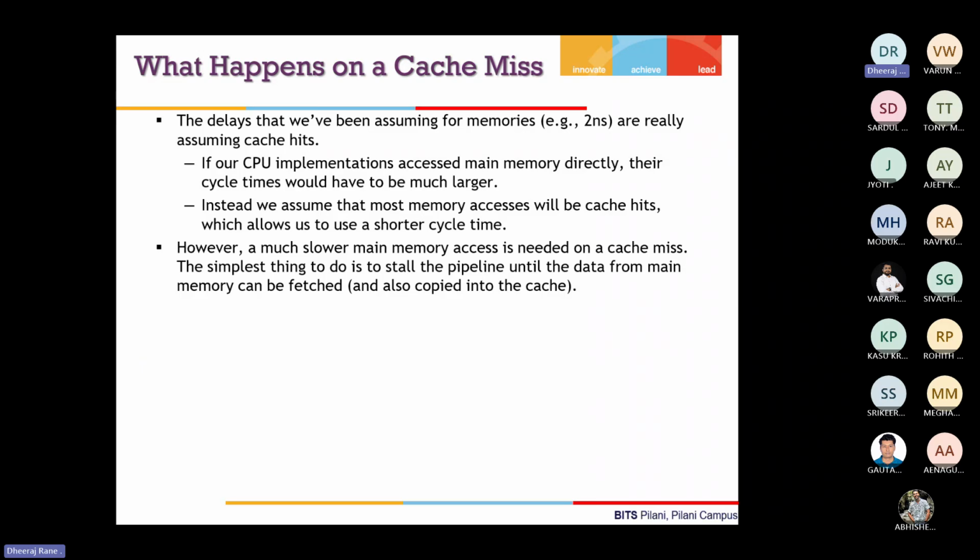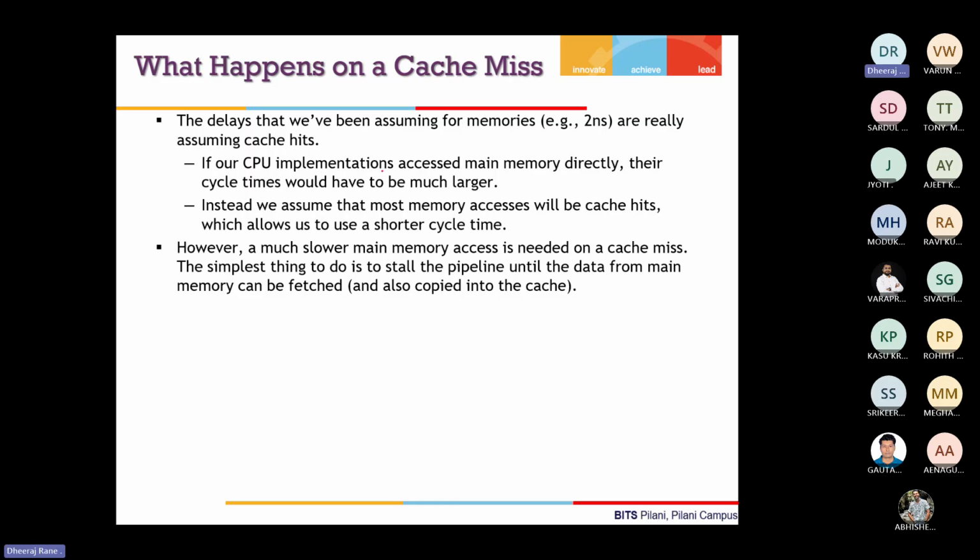So what happens on a cache miss? What Ravi and Ajit have asked. Ultimately, if a cache miss happens, the data needs to be brought, sorry, from main memory into the cache based on the algorithm. And we need to add that particular time to the overall operation so that we can have a comparison, right?